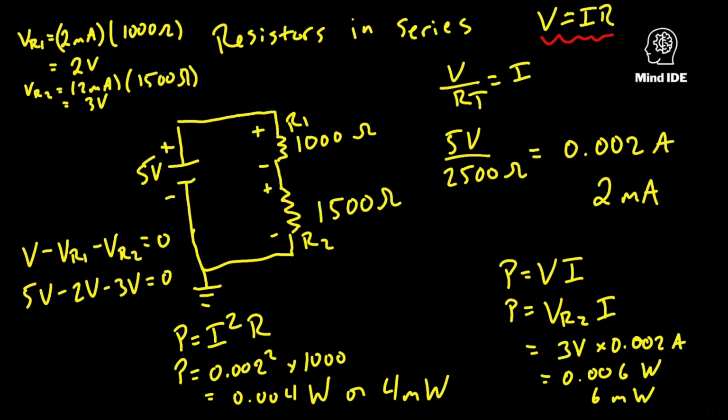So that is your voltage. That's how you find your current. That's how you get your equivalent resistance.